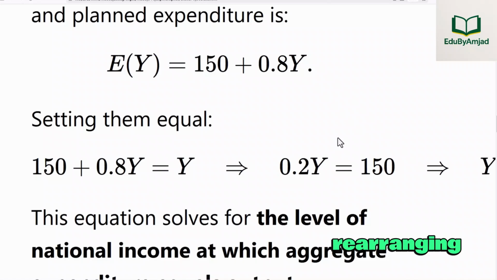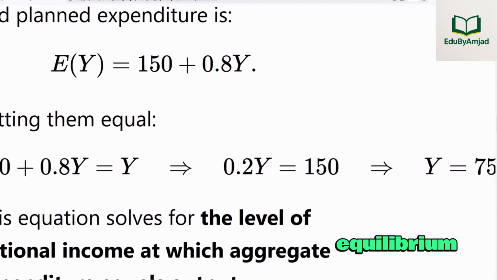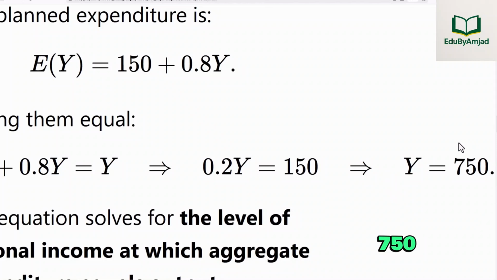Finally, by rearranging the national income identity, we solve for equilibrium output. Autonomous spending of 150, multiplied by the multiplier of 5, gives an equilibrium national income of 750 units of currency.